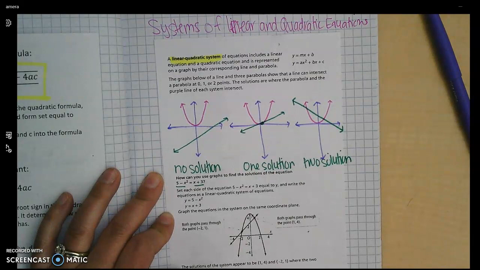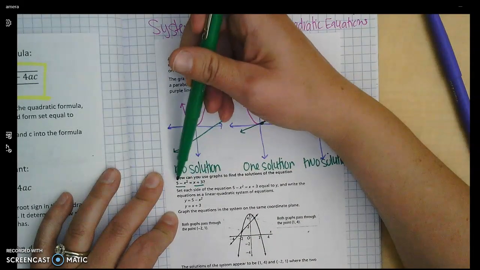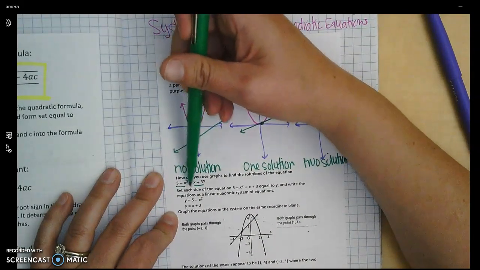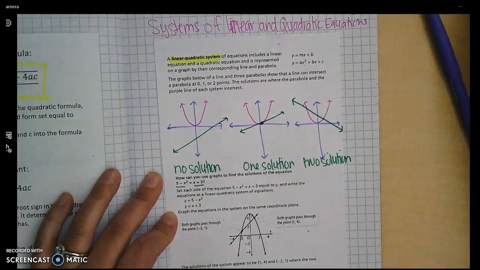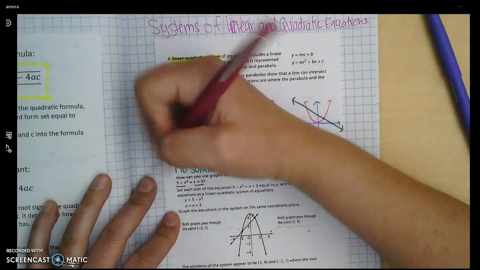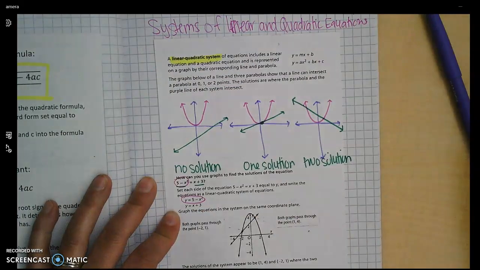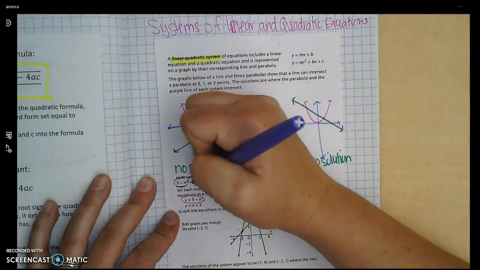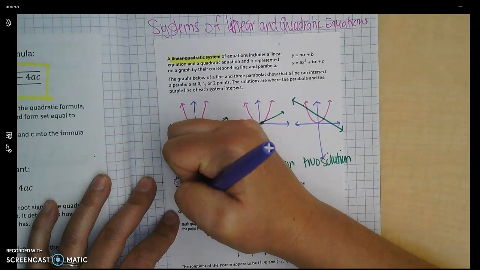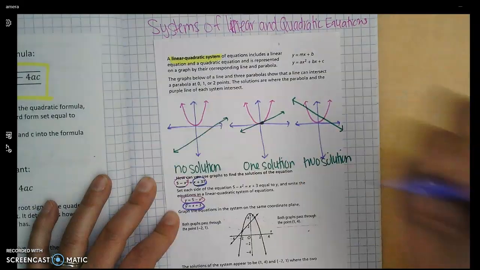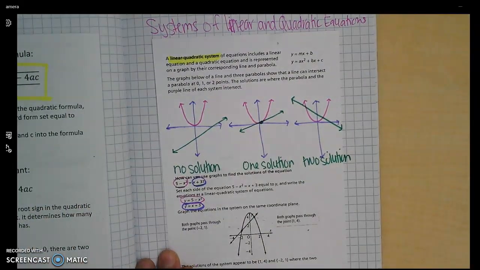We are going to set each side of the equation equal to y to start. The first equation, our quadratic, is y equals 5 minus x squared. That's one part of it. And then we have the other part, your linear equation, y equals x plus 3. I know it's linear because the x doesn't have an exponent.